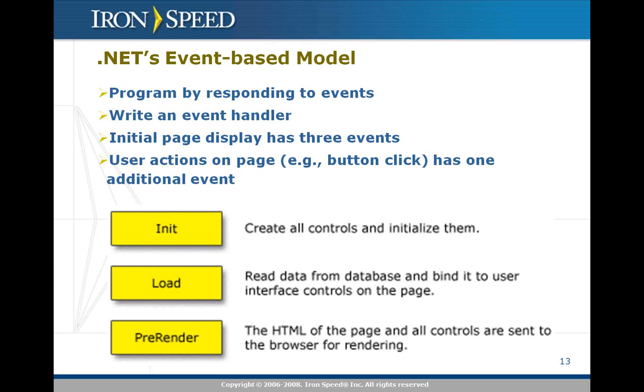So if you look at the basic event model for .NET, really it's very simple. There are only 3 events that really matter. There are actually a couple of other very low-level events that 99.9% of the time you're never going to be using at all, like page unload and so on. In this particular case, those 3 events are the init, the load, and the pre-render. Every page will receive these 3 events. You can choose to handle them, or you can choose to ignore them.